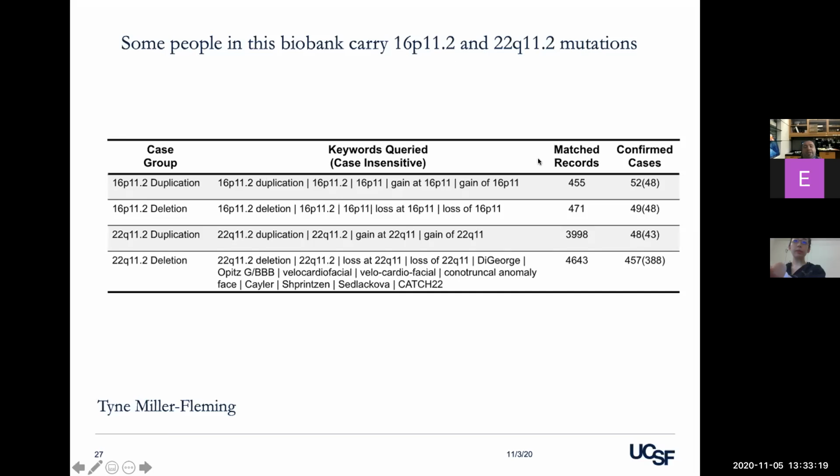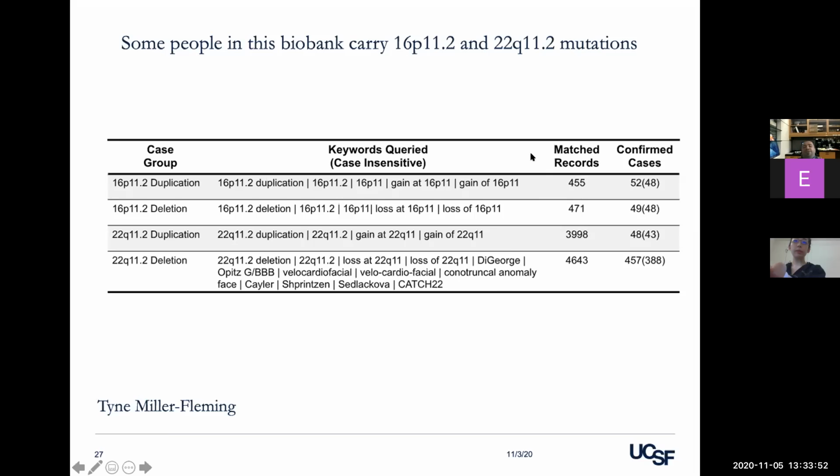So what we did, and this was done by Tyne at Vanderbilt, was that she queried all of the medical records for various terms: 16p11.2 duplication, 16p11.2 gain, 22q11. And she literally went through and searched through all of the matched records to confirm how many people's mutations seem to be relevant to us.